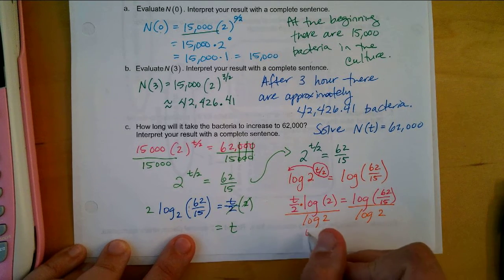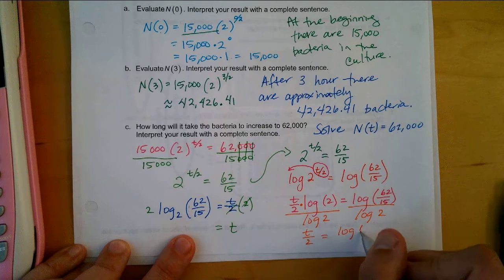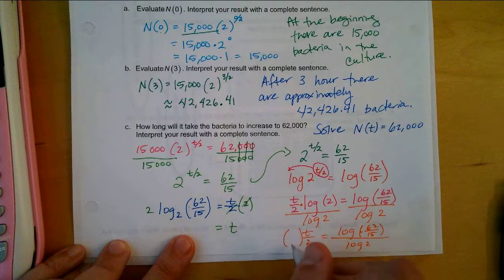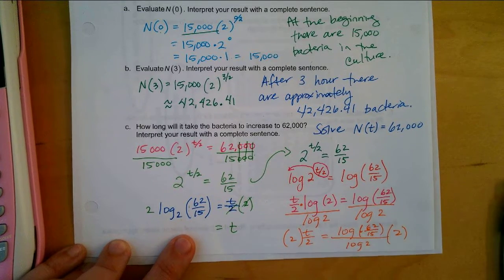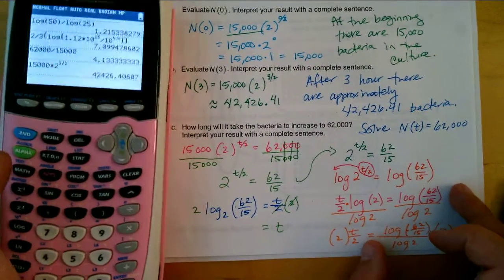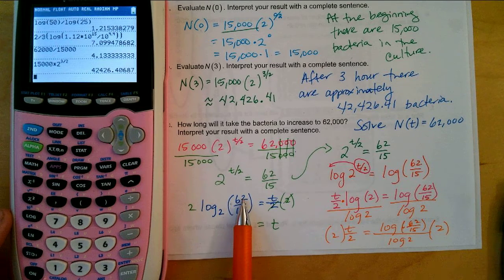So I get t divided by 2 equals log of 62/15 divided by log of 2. Same thing, I'm multiplying both sides by 2. Okay? So now I'll use my calculator. And remember that I can enter this. If I don't want to put my log base 2 of this number, I can always use the change of base.